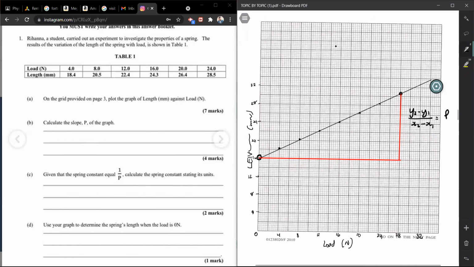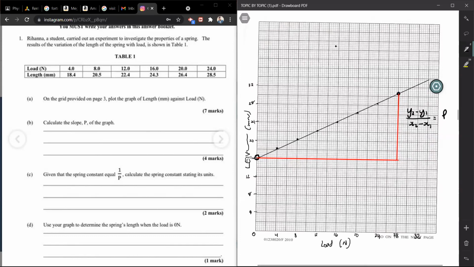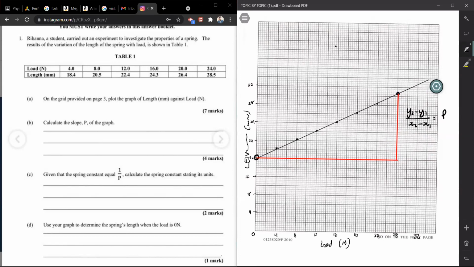So 30.5 minus 16 over 28 minus 0 equals p. Therefore, p is equal to... I don't have a calculator.